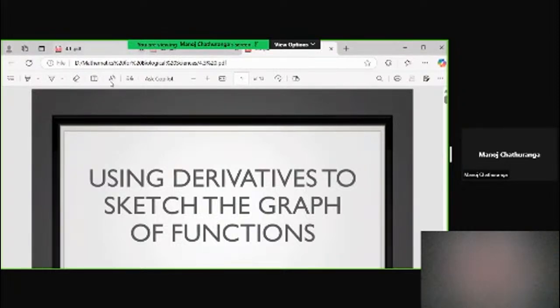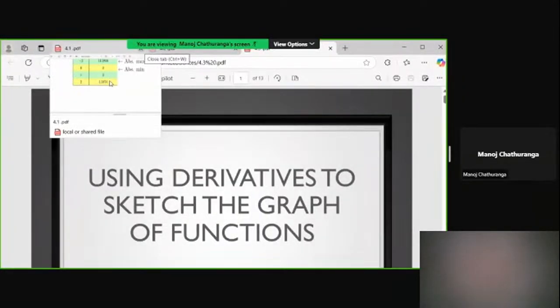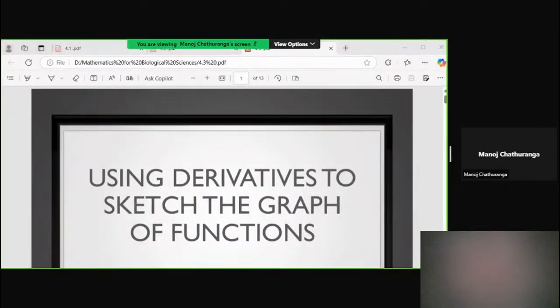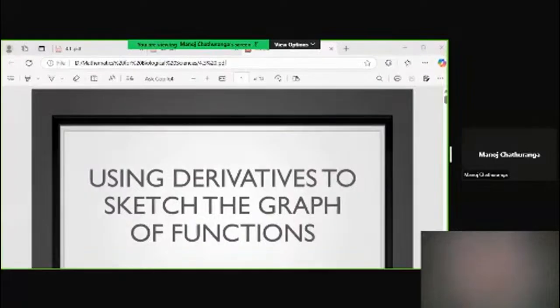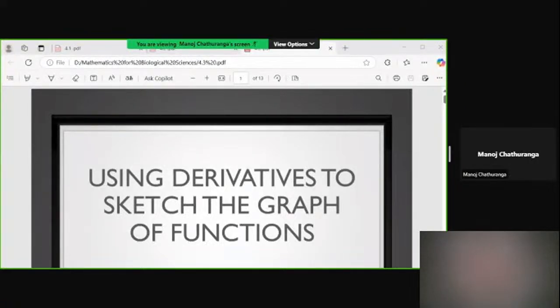So today we discussed three sections: 4.1, 4.2, and 4.3. Next time I will go through two of the remaining sections of this chapter. Maybe not all of them, but you should self-study 4.4 to 4.7, the remaining four sections of this chapter.